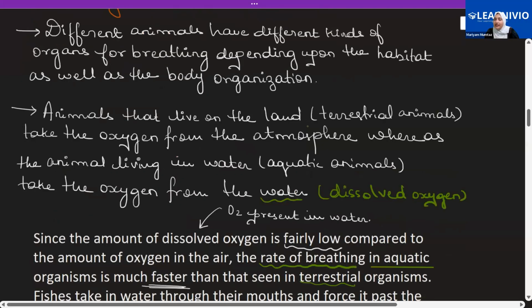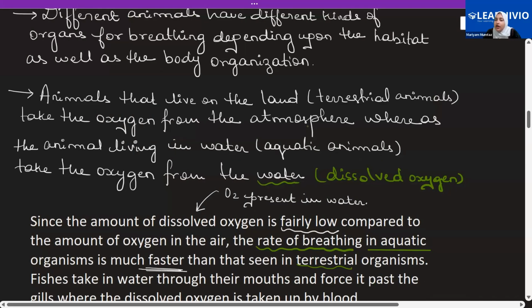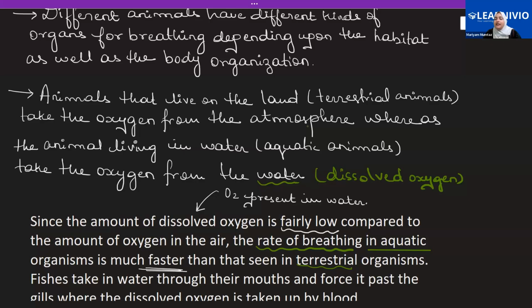Now see, the organisms that live on the land, we call them the terrestrial animals, and they breathe in the air that's present in the atmosphere. But the animals that live in the water, you call them the aquatic animals. So they will take the oxygen from the water, isn't it?